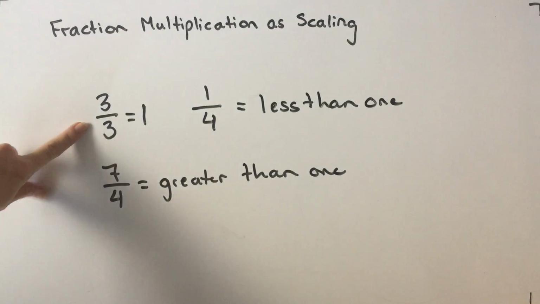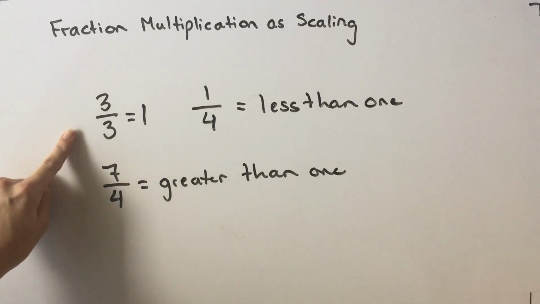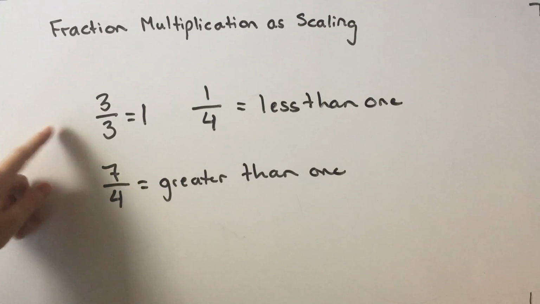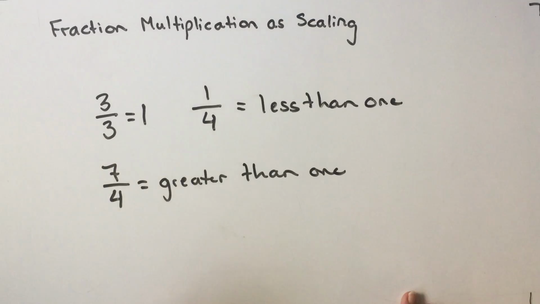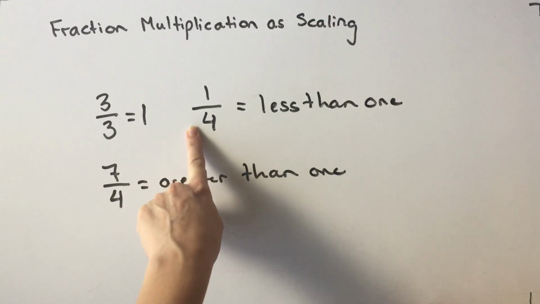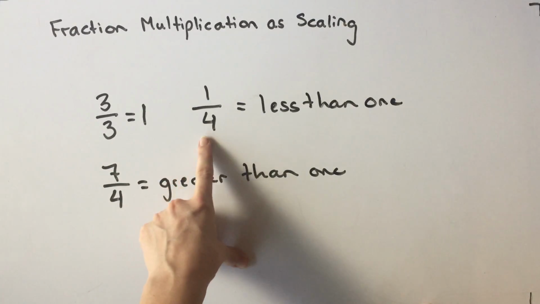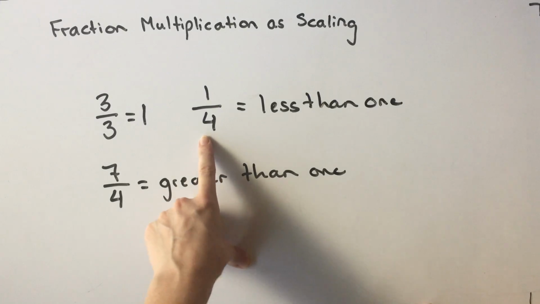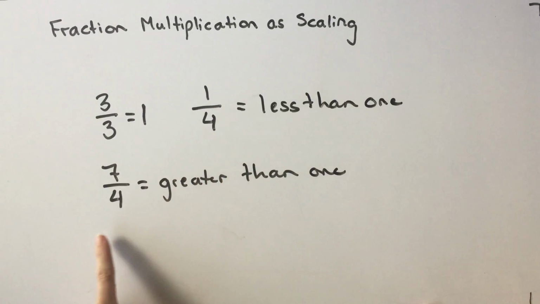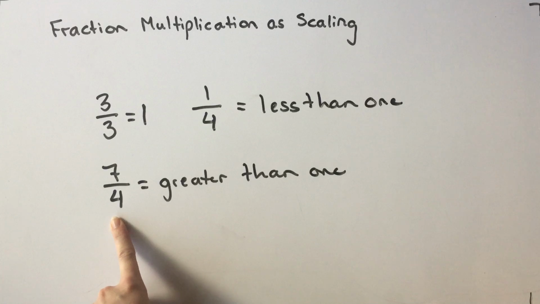So if we take 1 and multiply it times a fraction, it's going to do what? It's going to stay the same, obviously. If we multiply a fraction less than 1 times another fraction, it's going to be smaller. And if we multiply one that is greater than 1 times a fraction, it's going to make that original fraction bigger.